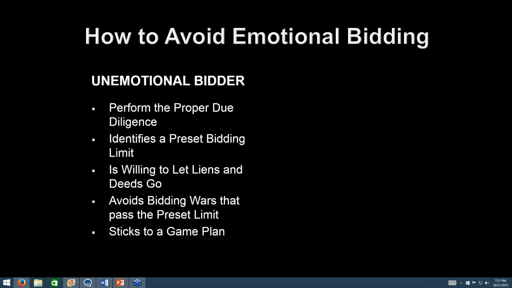Now, it may take longer. You may have to work harder to find the deals. Some people expect tax sale investing to be just completely easy. And it does become easier, especially with tax lien investing. But when we're talking about acquiring property, we're talking about real estate investing. So real estate investing takes some work.